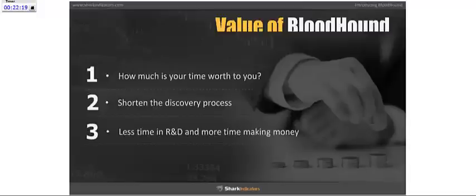And essentially, that's why I got into trading, and what we need to do is find a way to shorten the discovery process, whether it be discovering strategies or shortening the learning curve to becoming a profitable trader, right? Because if we can learn how to make things a lot faster and more efficient for us, then we should be able to add value in our lives, right? So the biggest thing here is less time in research and development and more time making money.